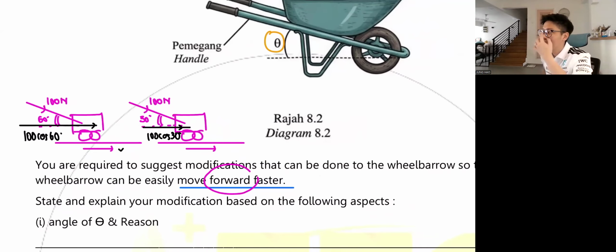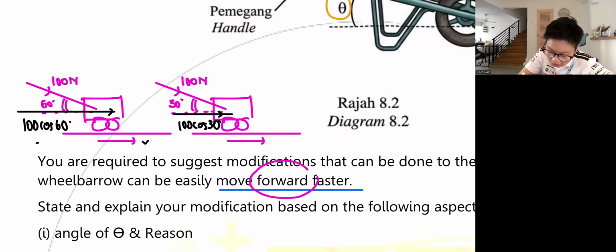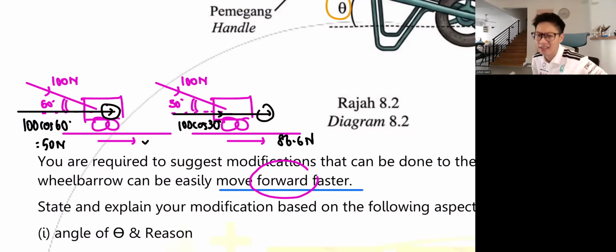So guys, you can sub certain values to let you understand better. Why memorize when you can just take a calculator, press 5 buttons and get the answer? So I calculate already. This is actually 50 Newton forward. Then this one, if you go forward, this is going to be equals to 86.6 Newton. Which one better? Of course, the second one now.